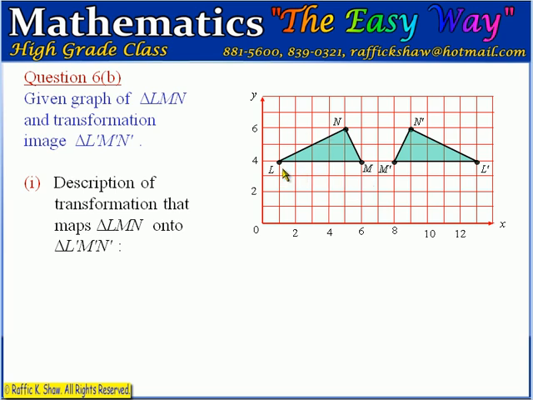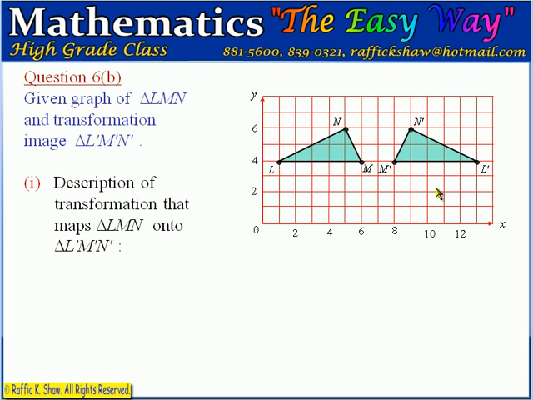On the object here, LMN is anticlockwise. If we look at the image, LMN is clockwise, and so the orientation is reversed. So that is telling me that it is looking like a reflection.